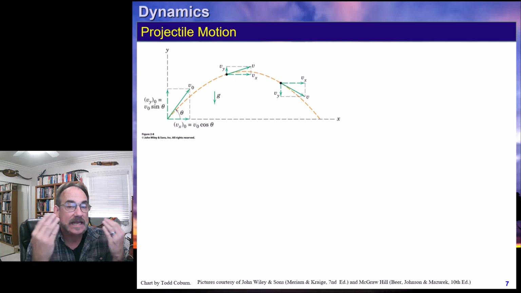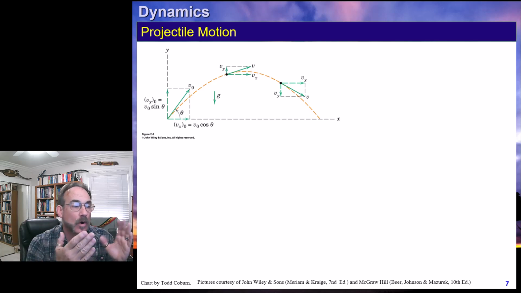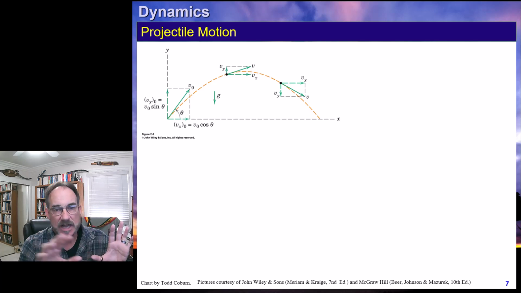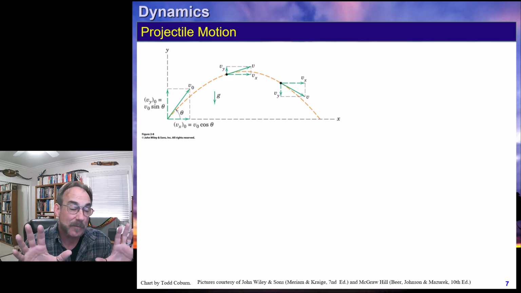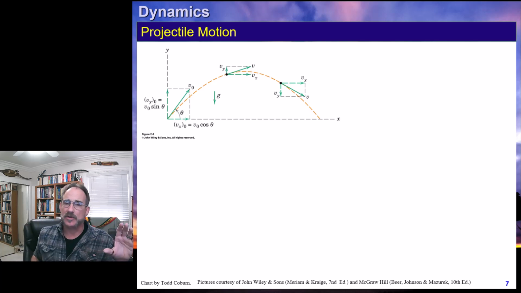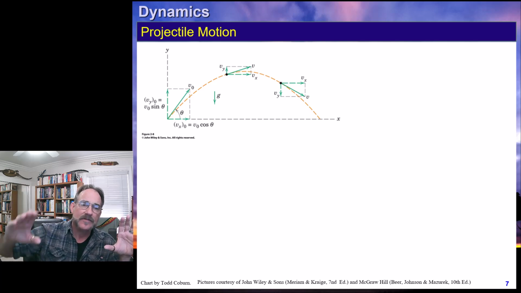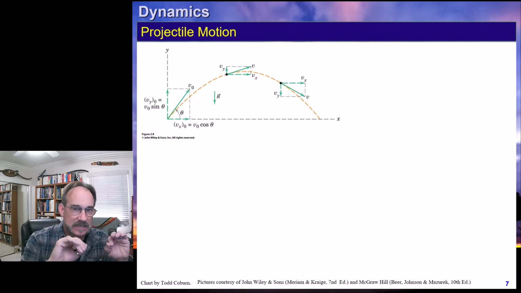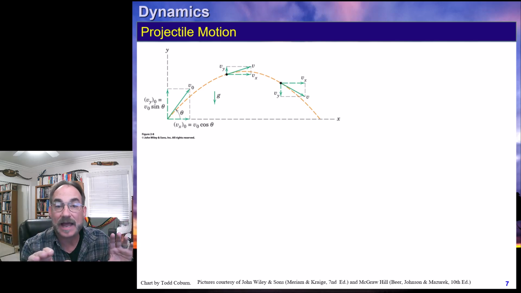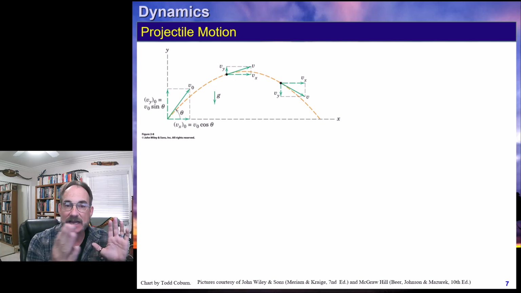Keep in mind we're going to ignore a number of things, including drag, the idea that when you throw something through air, the air resists the motion and slows it down. That's too hard; we'll talk about that in later classes. We're going to often just ignore that and say that part's negligible, so there's nothing inhibiting the x motion.